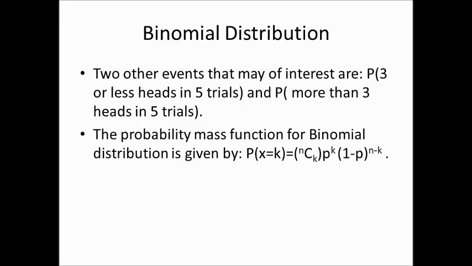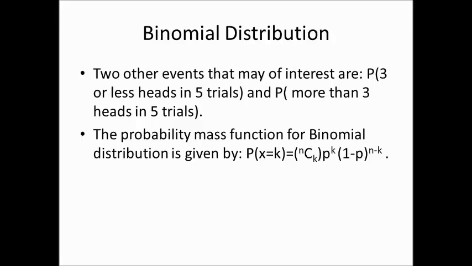Now, the probability mass function for binomial distribution is given by: probability the random variable takes a value k is combination of k out of n, p raised to the power k, and 1 minus p raised to the power n minus k. The distribution has two parameters. One is n, which is the number of independent trials.